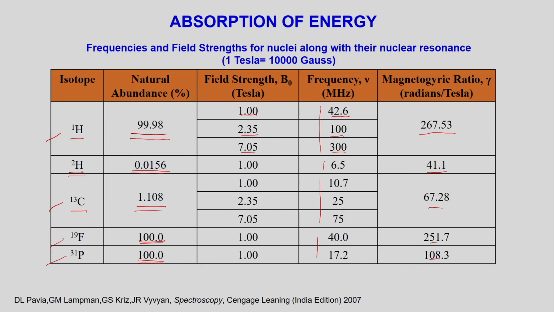So, we have seen the absorption of energy and the different natural abundances. We saw proton, deuterium, carbon 13, fluorine and phosphorus. Other than proton, fluorine and phosphorus, carbon is very low. So, that is why proton NMR spectroscopy is nowadays widely used.